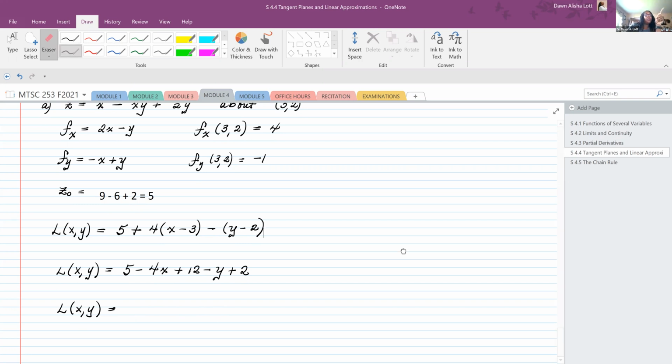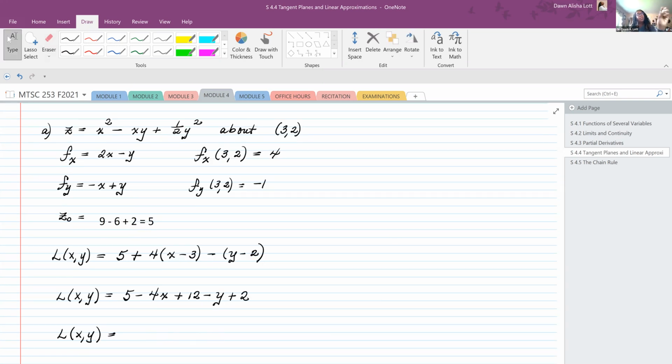All right, so L is Z naught plus F sub x at x naught y naught, which we said was 4, times x minus x naught, plus f sub y, which is indeed -1, times y minus y naught, which is -2.